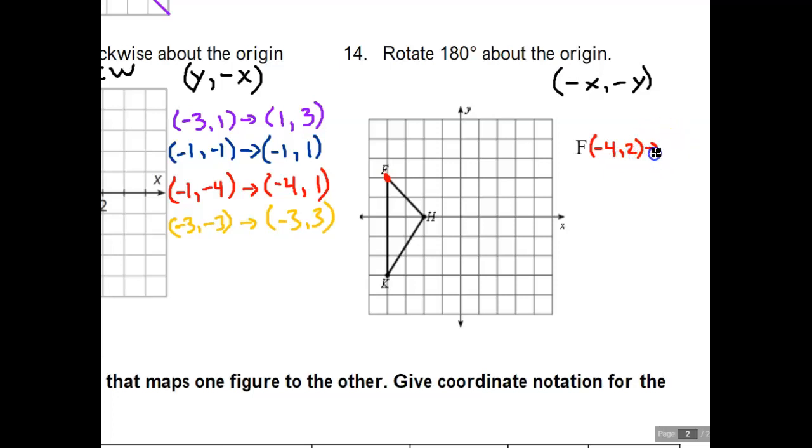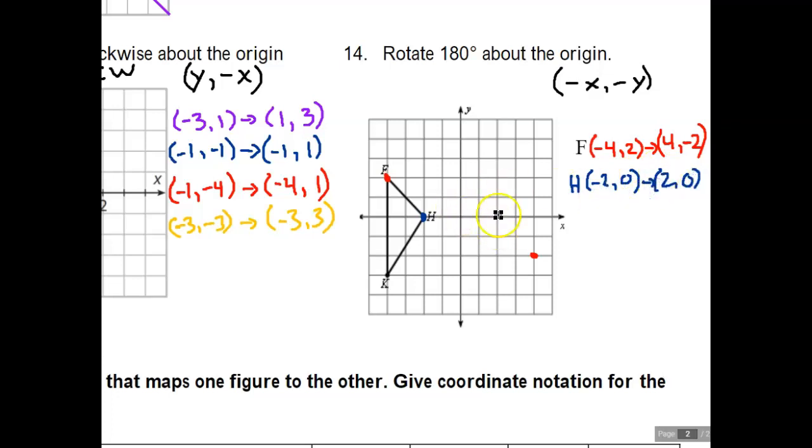So that's just going to be +4, -2, just like that. We have h, which is -2, 0. So that's going to be +2, 0.